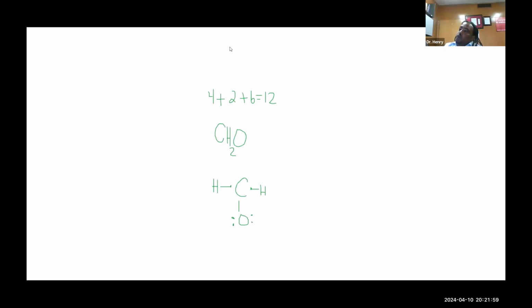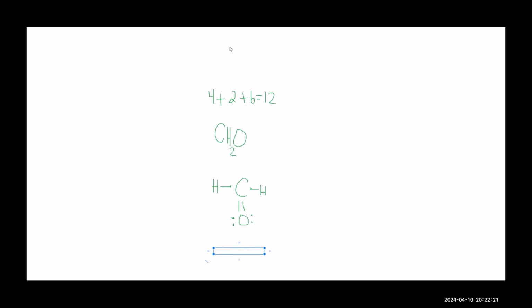Okay. So now what is its electron pair geometry? Trigonal. Trigonal what? There's two options. Pyramidal or planar. Planar, that's right. Okay, what is its molecular geometry?